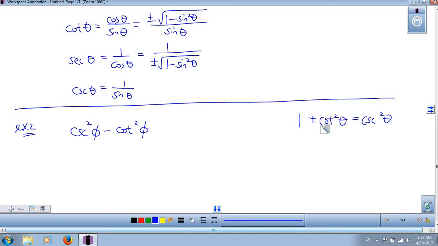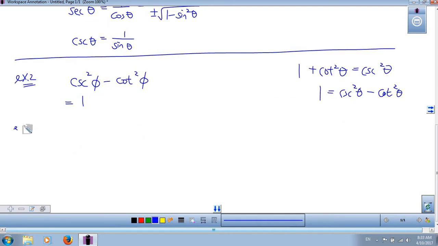If you subtract cotangent squared theta from both sides, cosecant squared theta minus cotangent squared theta equals 1. So cosecant squared phi minus cotangent squared phi is equal to 1.